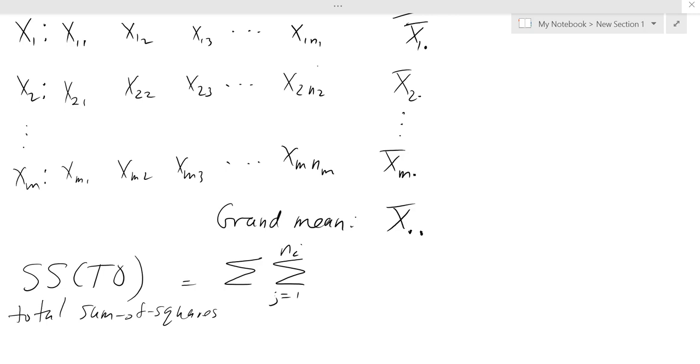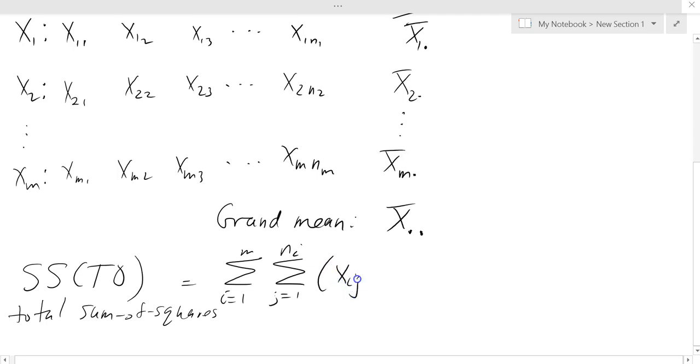The front sum will be i equals 1 to m. That sums down the categories. So the inner sum is going across the rows. The outer sum is going down the columns. Does that make sense? Okay. And then I want to do the individual squares of the deviations.